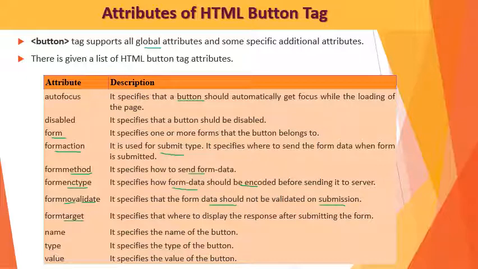The formtarget is given here as an attribute, that will specify where to display the response after submitting. Now these three are very useful attributes, that is name, type and value. The name specifies the name of the button, type specifies the type of the button, and value specifies the value of the button.